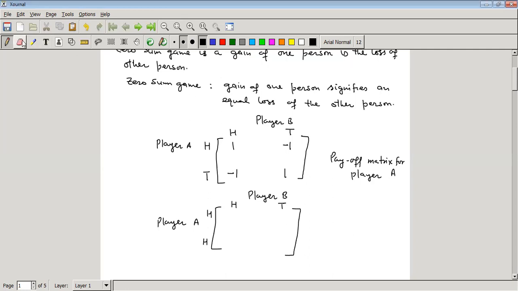Oh sorry, this is tail here. Then A loses, if this is the payoff matrix for player B.